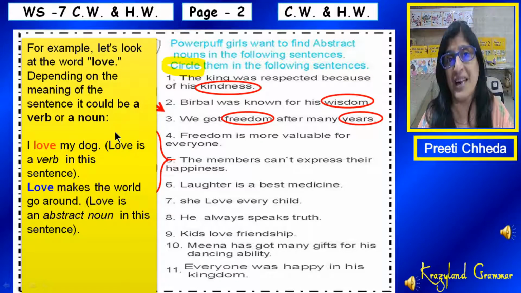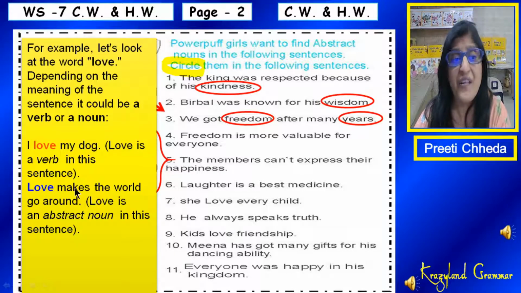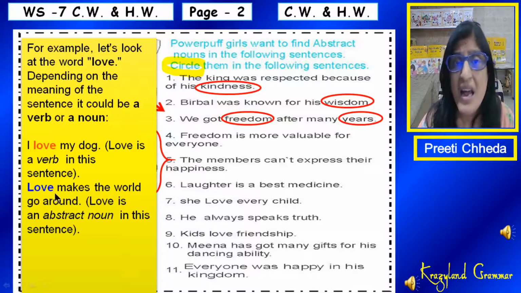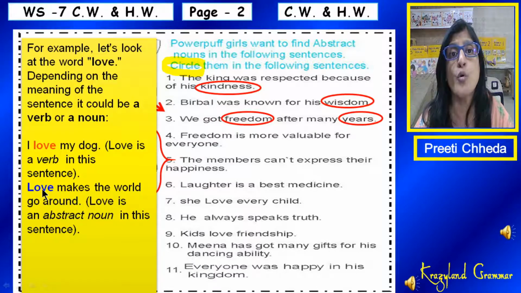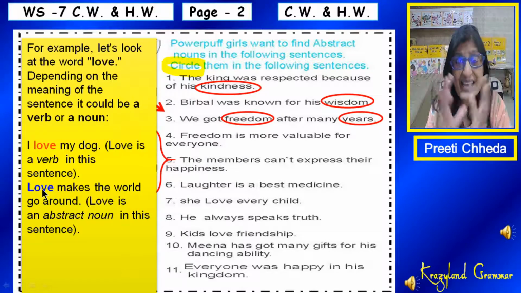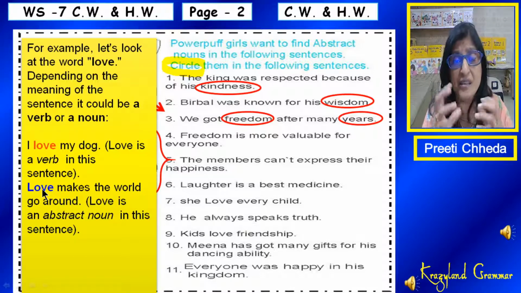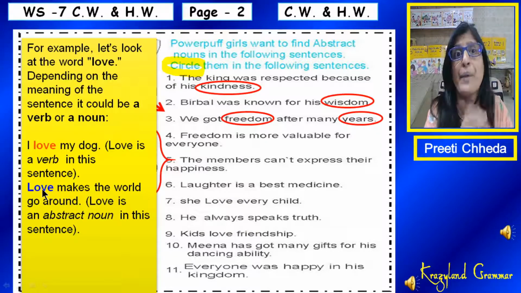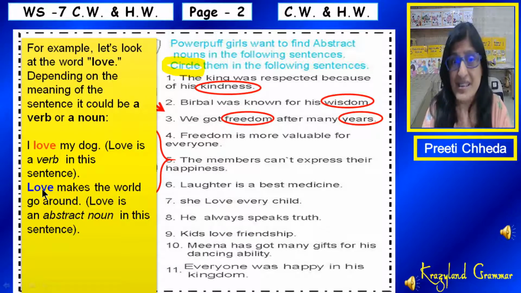I love. That is a doing verb, and that's why it's a verb. Now look at the second sentence. Love makes the world go around. And here, love is not acting as a verb. You're not doing it. It is acting as a noun, as an abstract noun. What makes? Love makes. So here love is acting as a noun. It is an abstract noun.